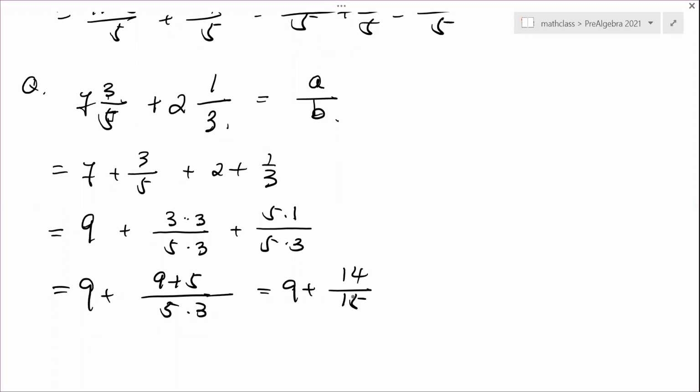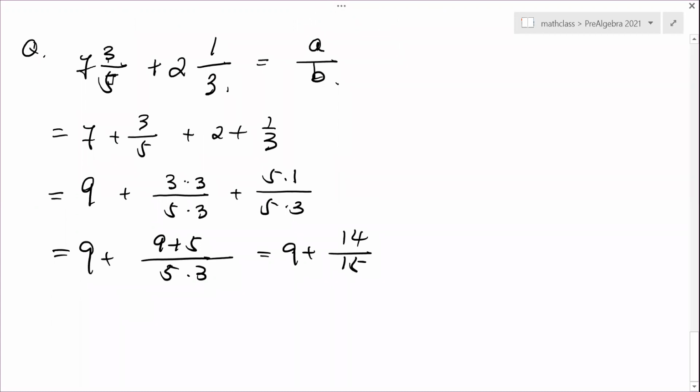Now, that's not an answer. I want you to express it as A over B. So what you do is 9 can be changed to 9 times 15 over 15, so you can get a common denominator immediately. Then you do the computation, 9 times 15, by hand or using a calculator, either way.